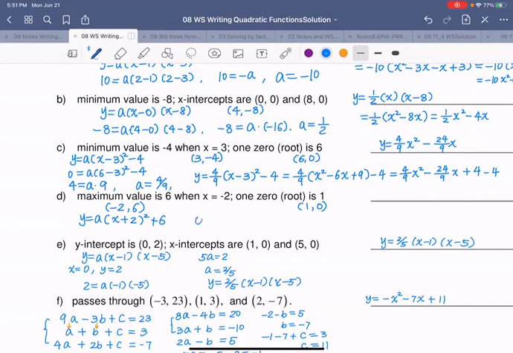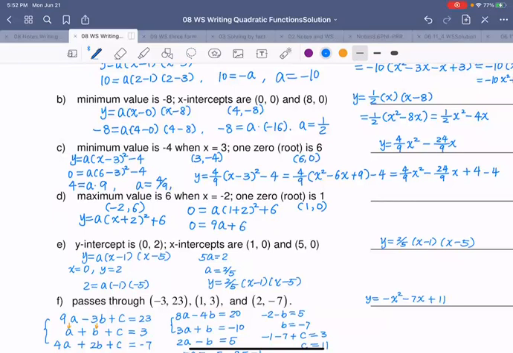0 is equal to a times (1 plus 2) squared plus 6. Okay, and you get 0 is equal to 9a plus 6.